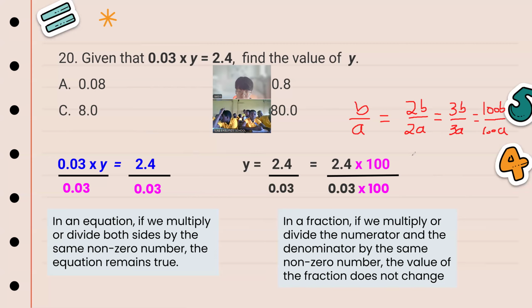So if we multiply the denominator A by the same number as the numerator B, then the fraction remains the same.